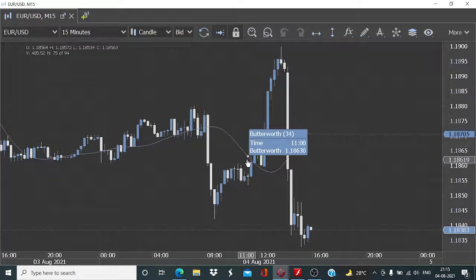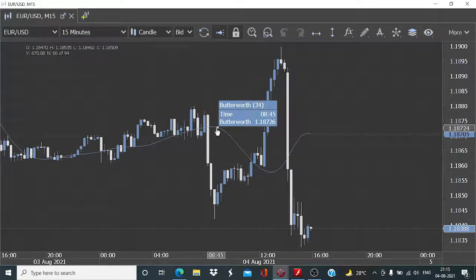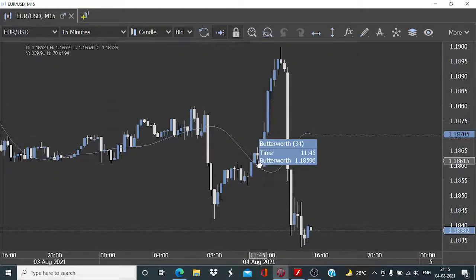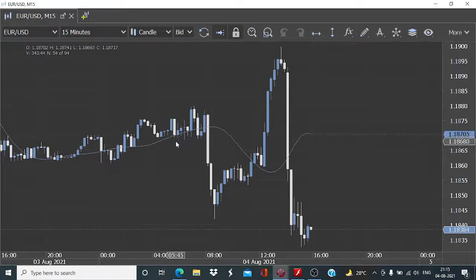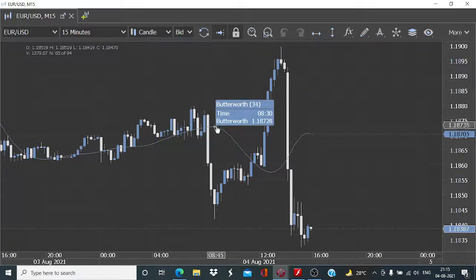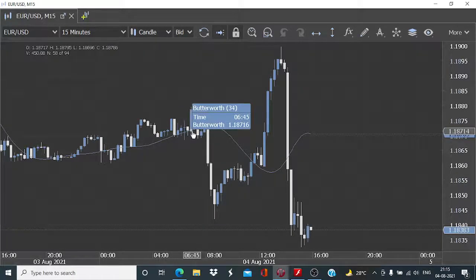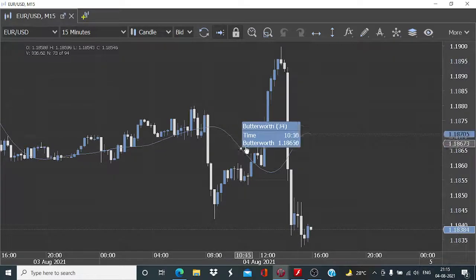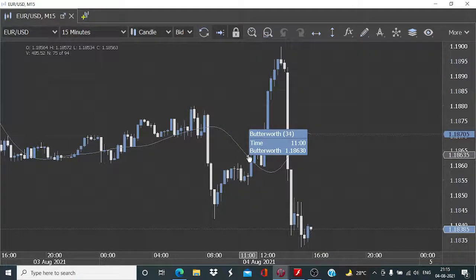So what we are going to do is take the last 15 minutes output value for the Butterworth indicator, compare it to the Butterworth output with the same parameters 3 hours back, and it should be lower compared to the output of the Butterworth indicator 3 hours back, which in turn should be higher compared to the Butterworth output 4 hours back. So that will give us this nice curve where we have first inclination on the higher side, and after that the decline begins, and only during the 3 initial hours we want to execute the trade.